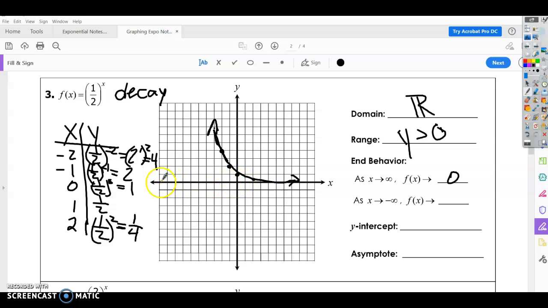And as x goes negative, this one is increasing without bound. All right, our intercept, again, my line doesn't quite go through that point, but it's at 0, 1 for this one. And our asymptote, again, is going to be at 0.